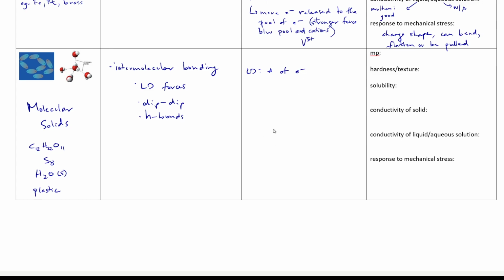So the higher number of electrons, the stronger the forces of attraction. We know that if you have a strong molecular dipole, so if you have a very strong delta positive, delta negative, that could increase the strength of the forces between the molecules. And then finally, if you have the number of hydrogen bonds.